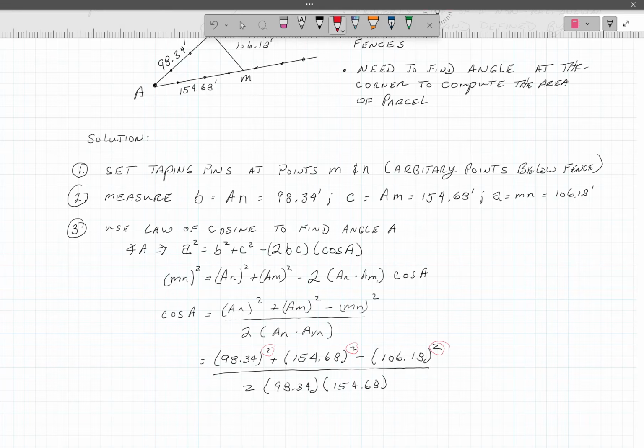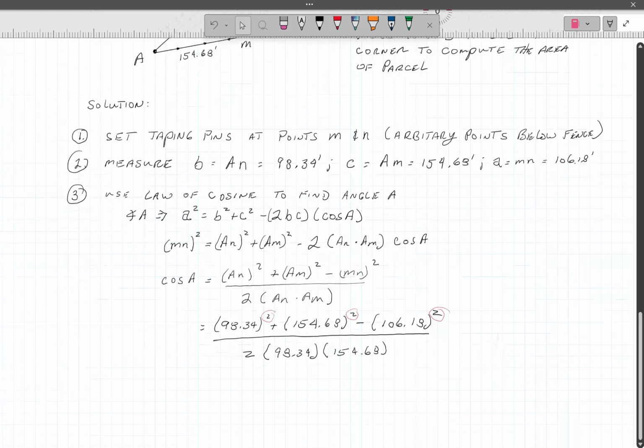B squared plus C squared has to be brought over, and A has to go to the right and subtract from it.